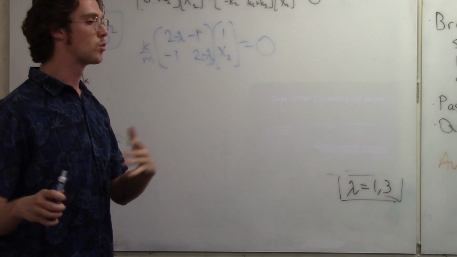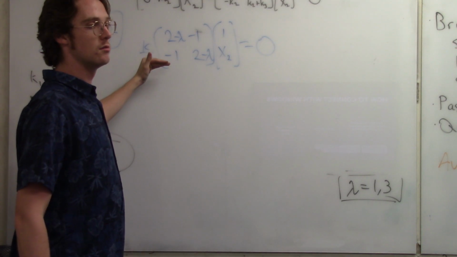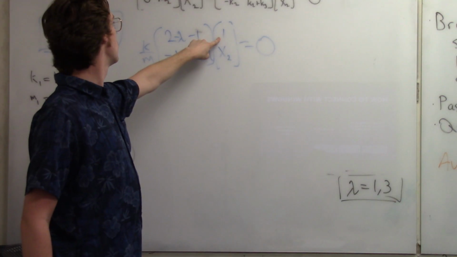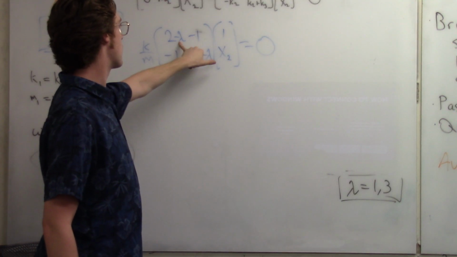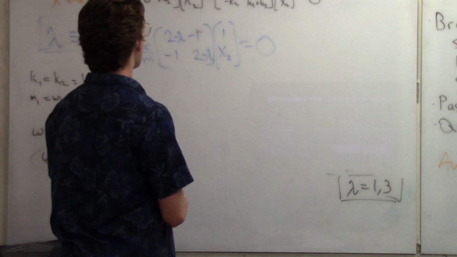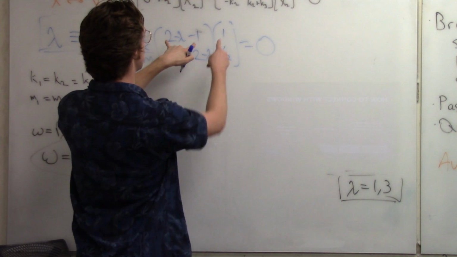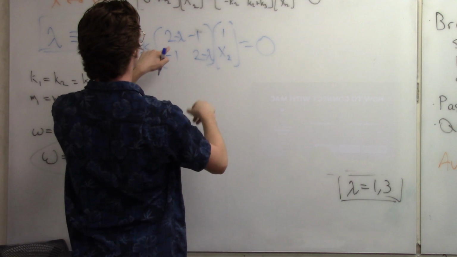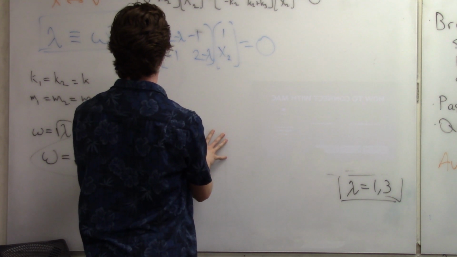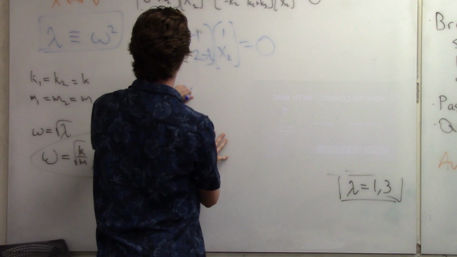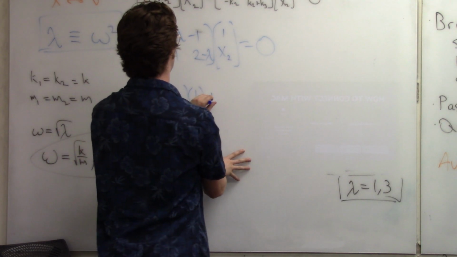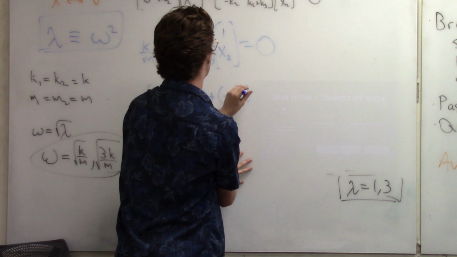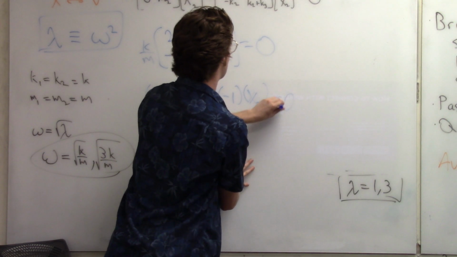Therefore, we're just going to pick one of these rows to solve for x2. Just for convenience, because the first element is going to be 1, I'm going to pick the top row so that I don't have any products of lambda and x2. So I'm going to matrix multiply just the top row. I have 1 times 2 minus lambda, plus negative 1 times x2, equals 0.